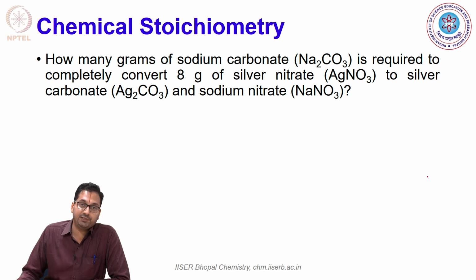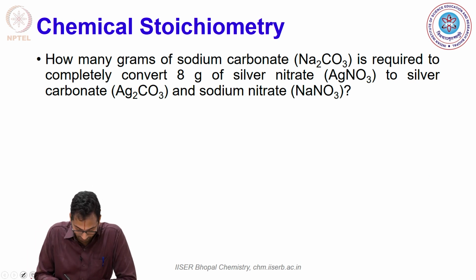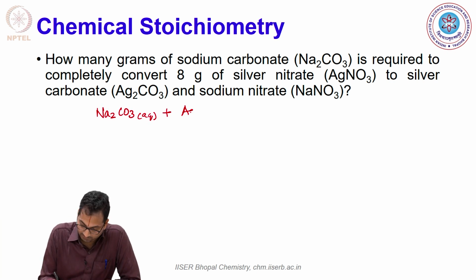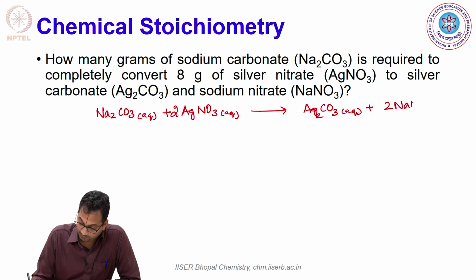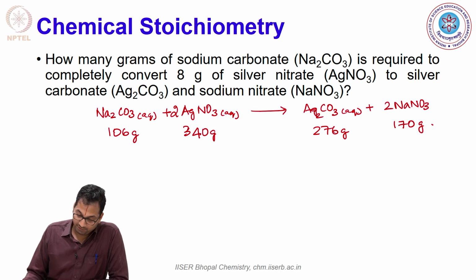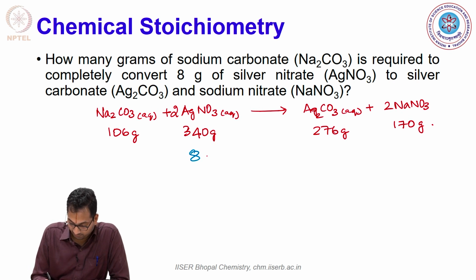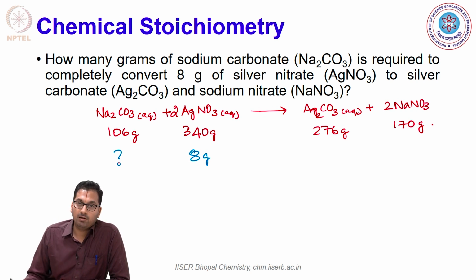Going forward, let us take a question here. How many grams of sodium carbonate is required to completely convert 8 grams of silver nitrate to silver carbonate and sodium nitrate? So, let us quickly rewrite the whole equation again. So, the question here is that if you have 8 grams of silver nitrate, how much sodium carbonate is required for completely using all the silver nitrate that is present?